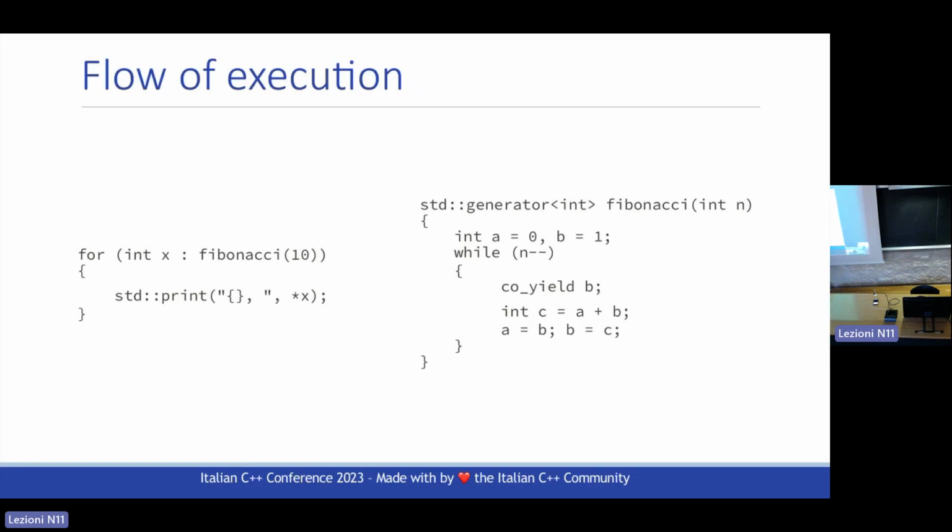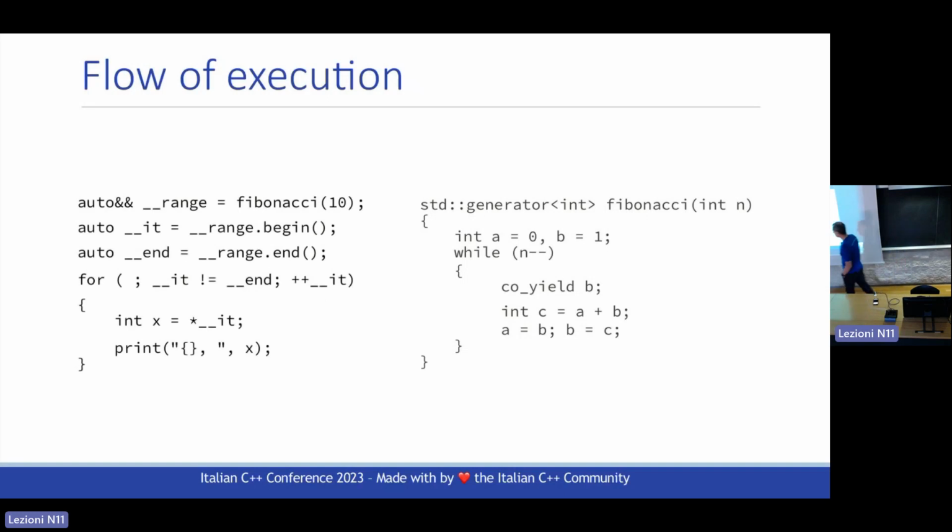Generator is actually a range, so we can use it in the for range loop as we do with the vector. So this is correct. Let's expand this for range loop a bit. Okay, like this. So it's expanded like we did before. And then we can see how the execution flow is performed. We start executing in the left part.